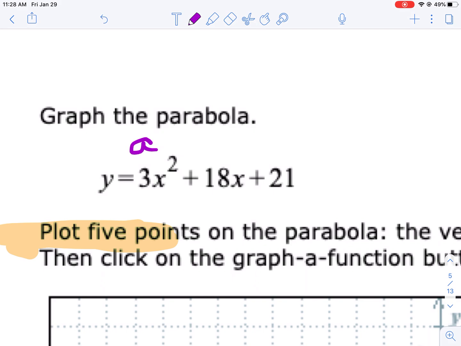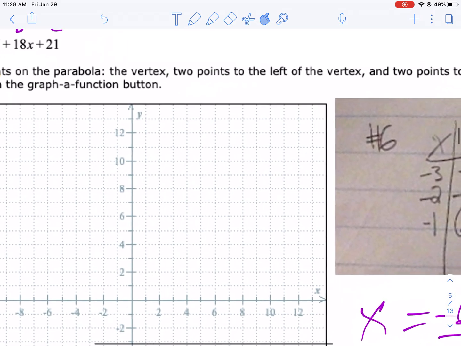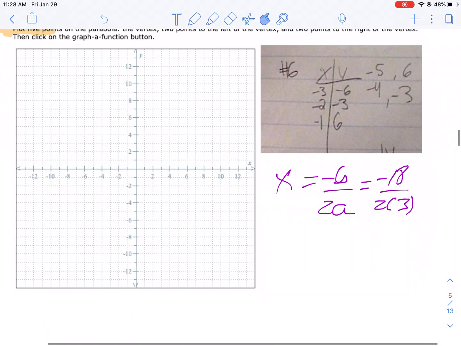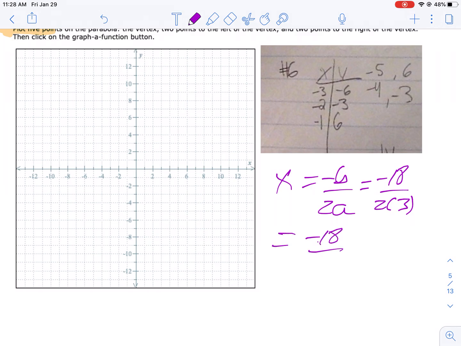The coefficient of your linear term is b, and then the constant is c. So we're going to do -b over 2a. So we're going to say the opposite of 18 divided by 2 times 3. Well, then we get the opposite of 18 divided by 6. -18 divided by 6 is -3.